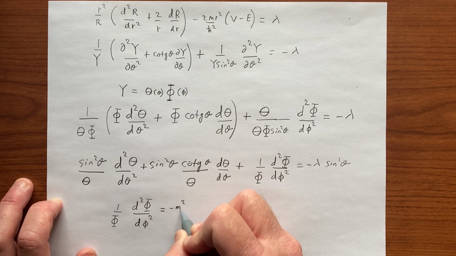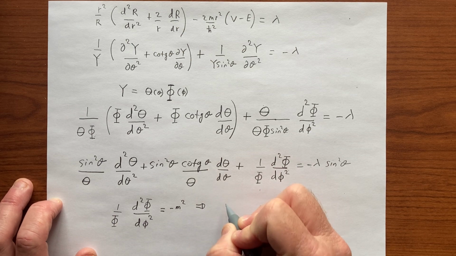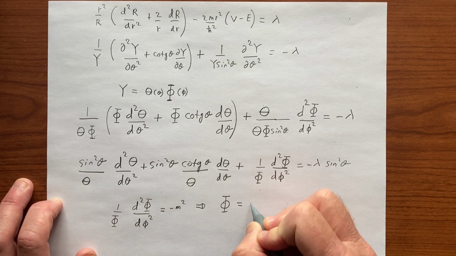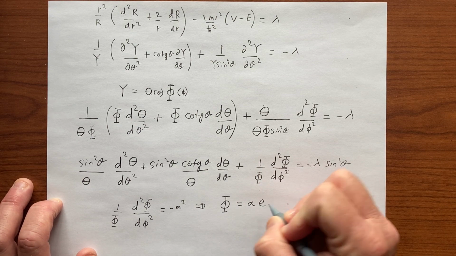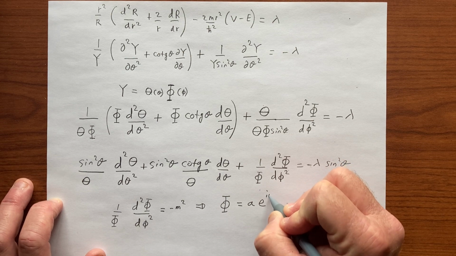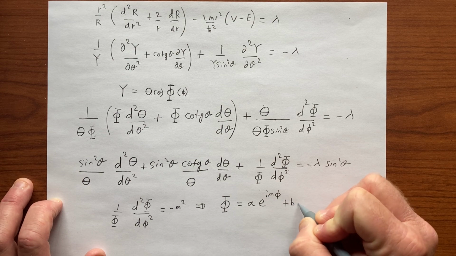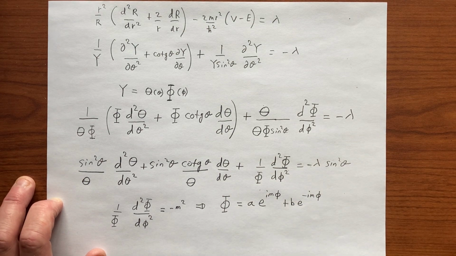But normally it's written in terms of this function m, and so this leads us to the solution of this function being some coefficient a times e to the i m phi plus b e to the minus i m phi.